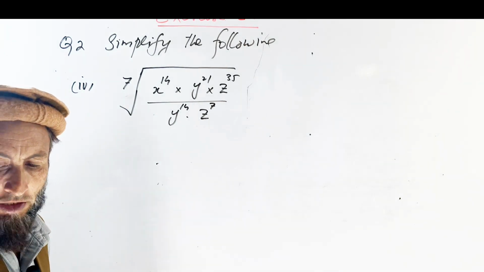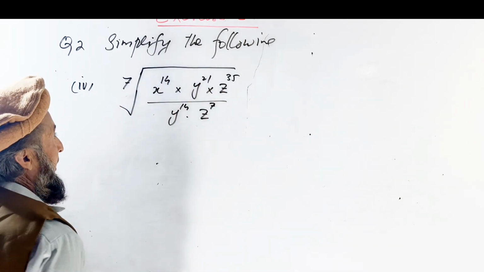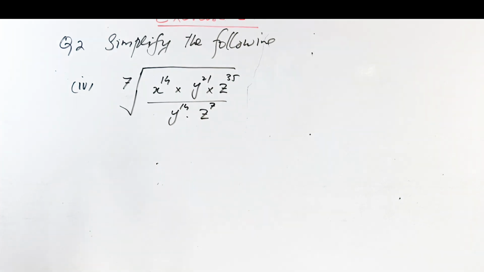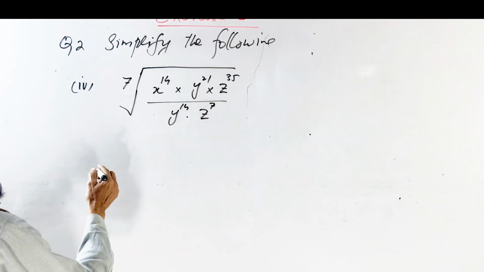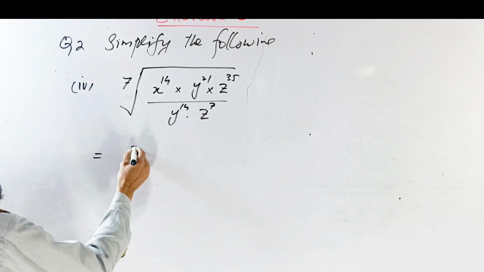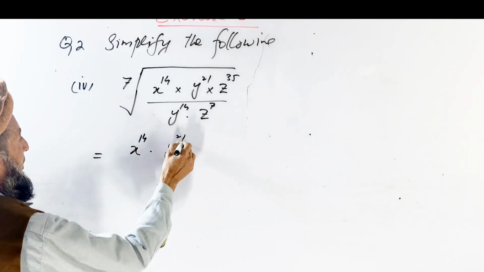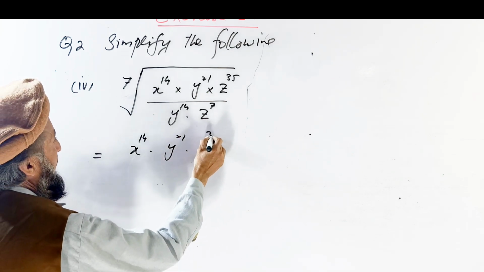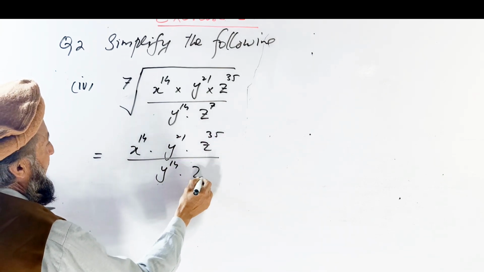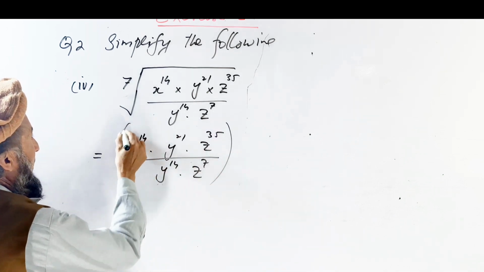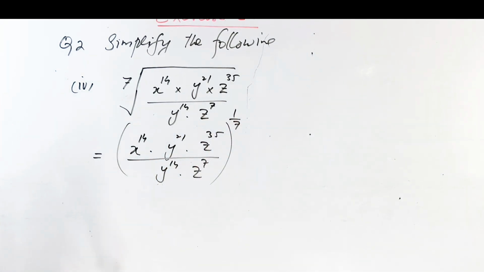Here this 7 is called the index, called the predicate according to the radical equation. In radical form, first of all we change to the index form. We can write x14 into y21 into z35 divided by y14 and z7, whole power 1 over 7. This is the index form.